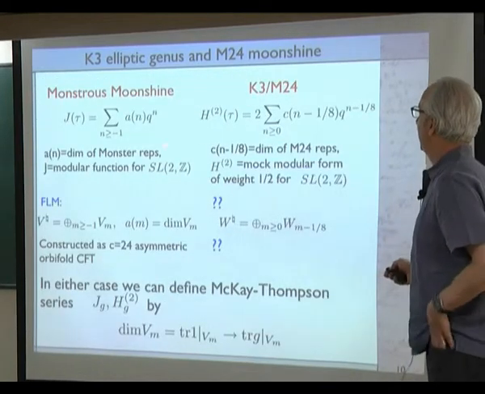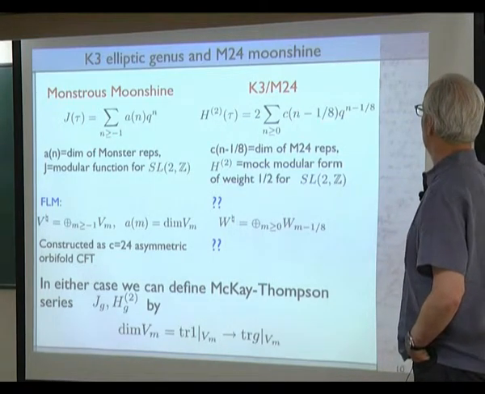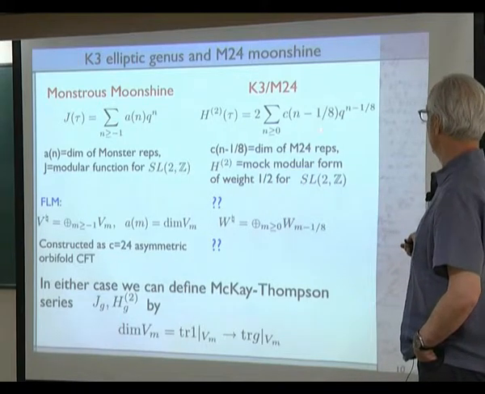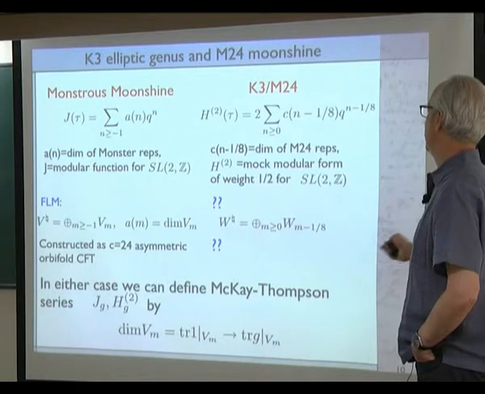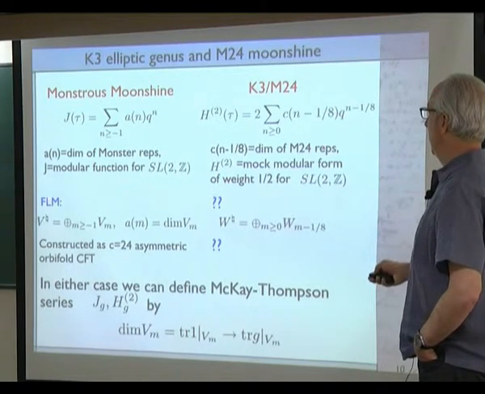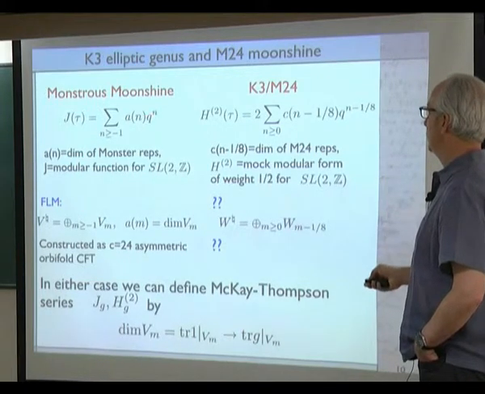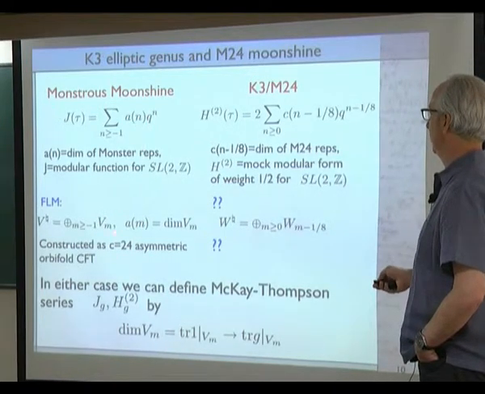So I guess briefly, if we try to contrast these two cases, we have either the modular function or a mock modular function with an expansion in terms of coefficients that clearly are trying to tell us there's some kind of group theoretical structure. For Monstrous Moonshine, Frenkel, Lepowsky and Meurman constructed explicitly a conformal field theory that has the monster as a symmetry group.